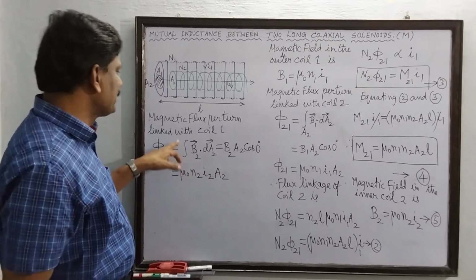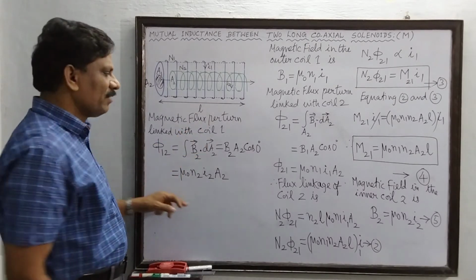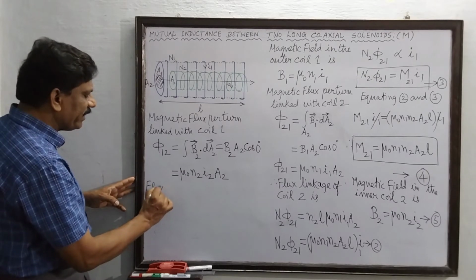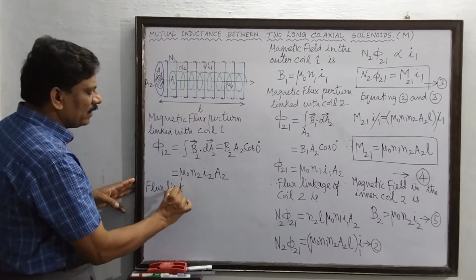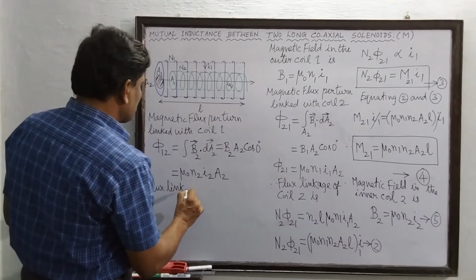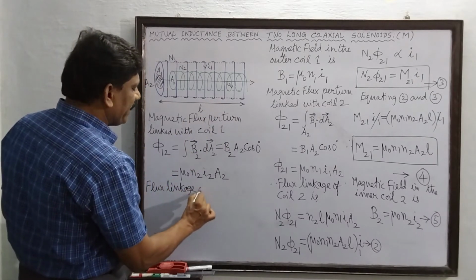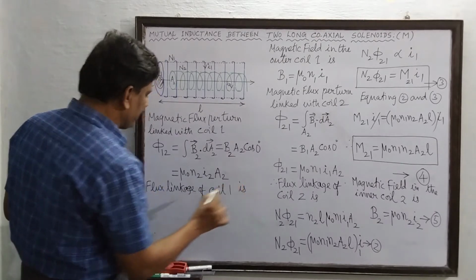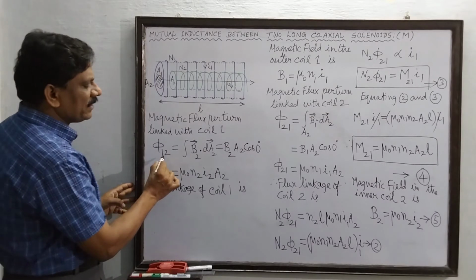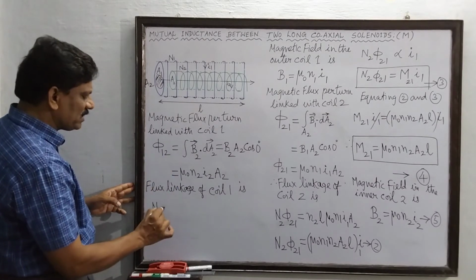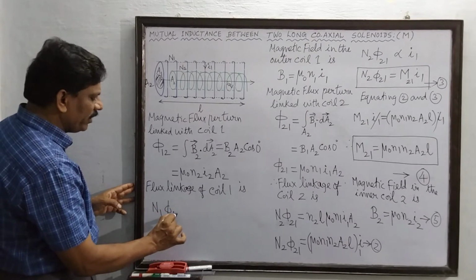So this is the flux linked with only one turn. Therefore the flux linkage means the flux linked with all the turns of the first coil. So the flux linkage of the first coil is the total number of turns N1 of the first coil multiplied by phi 12.